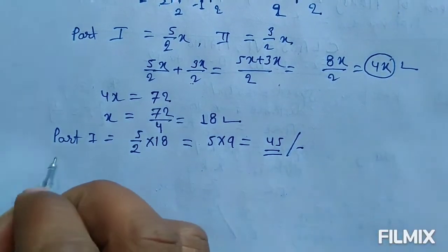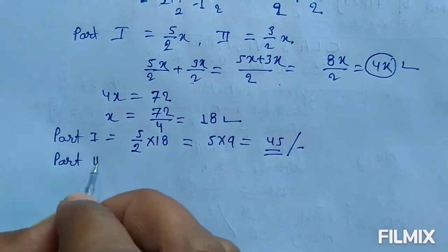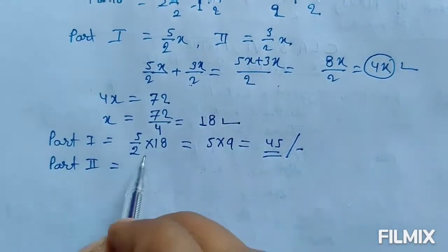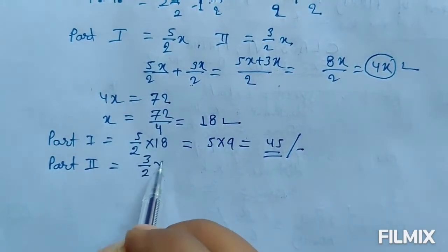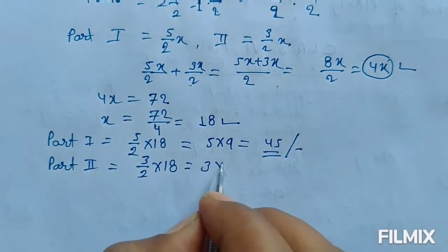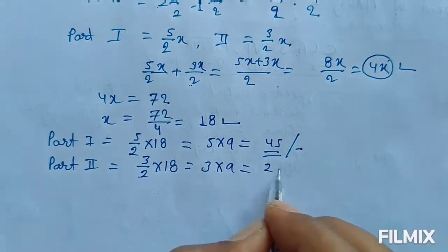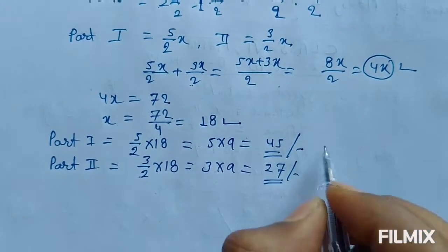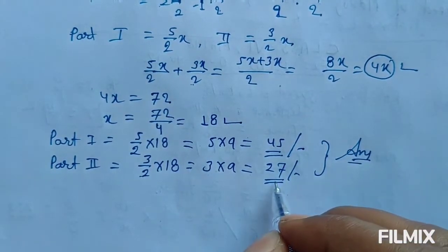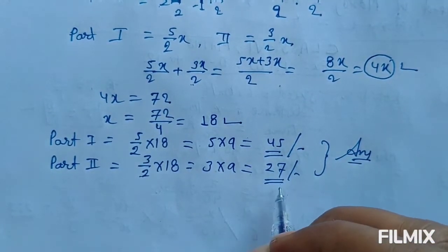This is the first part. And the second part equals 3/2x, means 3/2 into 18, 2 nines are 18, means 3 into 9 equals 27 rupees. This is the answer. Part 1 is 45 rupees and part 2 is 27 rupees.